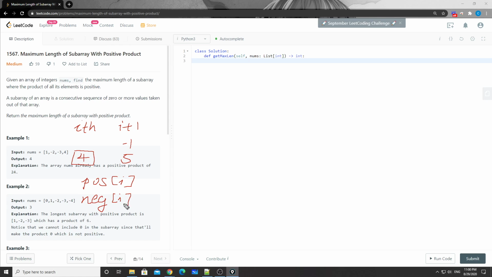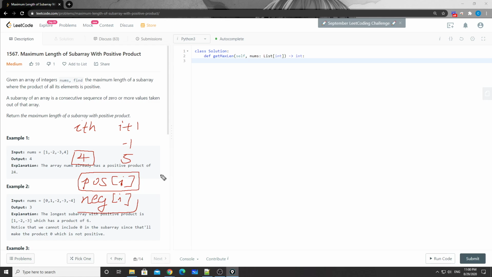The positive i means, ending at i, where the last element is i, what's the maximum length of a subarray whose product is positive. And the negative i means, ending at i, the maximum length of a subarray whose product is negative.